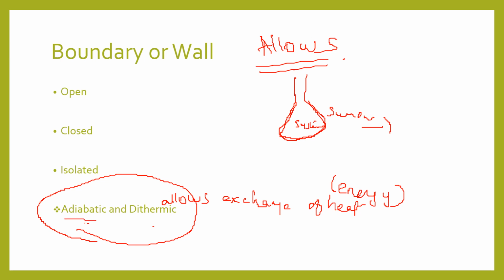What about adiabatic? You know that an adiabatic boundary does not exchange heat with the surrounding. So adiabatic boundaries are the boundaries which do not allow exchange of heat with the surrounding. Okay, and if you have not understood, listen to this in Hindi.